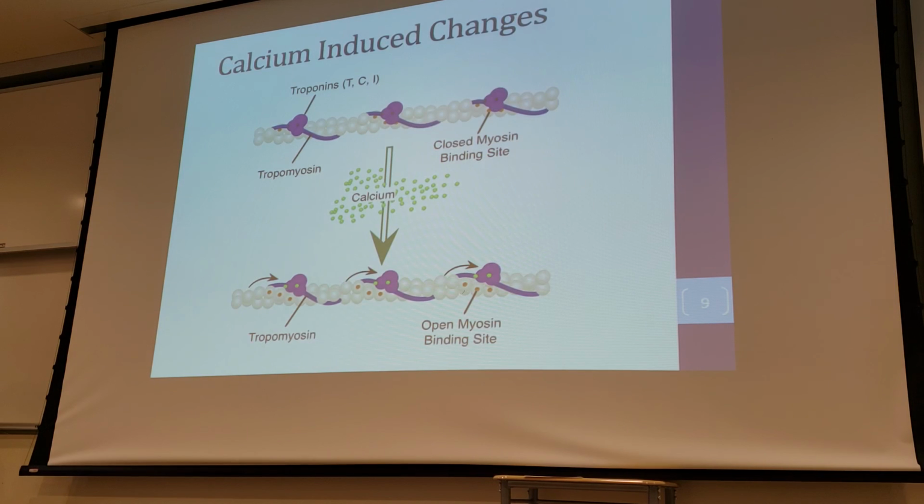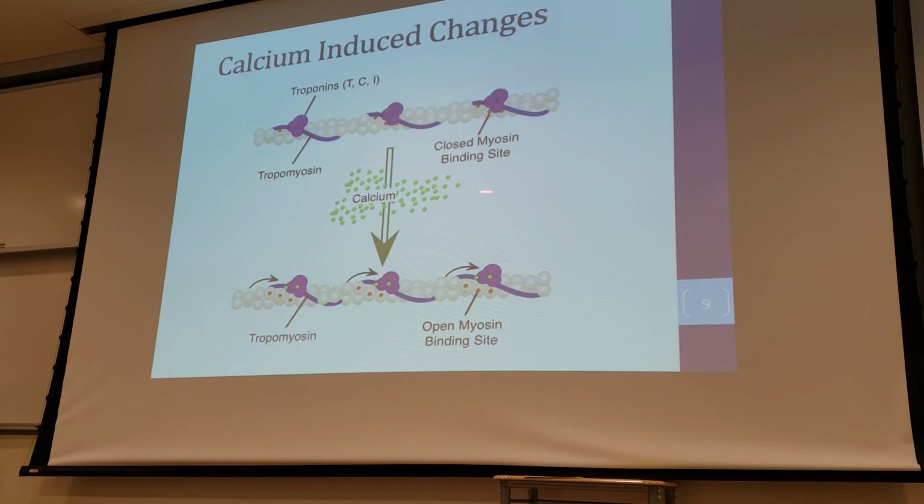So, we said if calcium is not present, this process of actin and myosin interacting is inhibited by the tropomyosin. So how does this change when calcium shows up in the cell? When calcium shows up, it binds to troponin C, that then ends up pulling away the entire complex from those interaction sites.